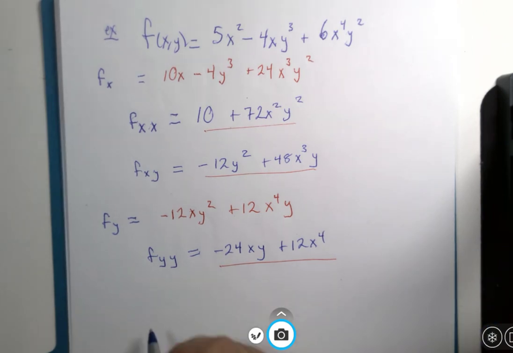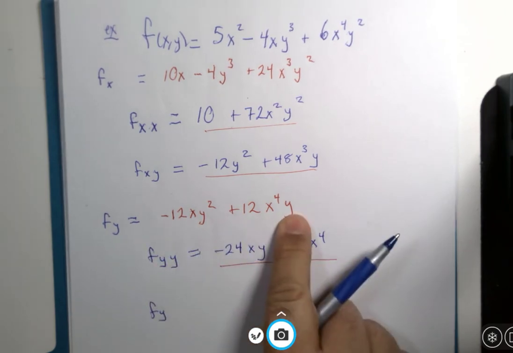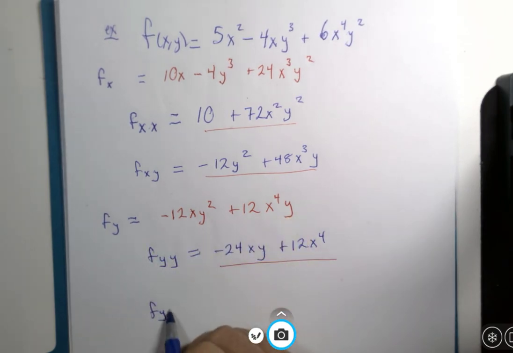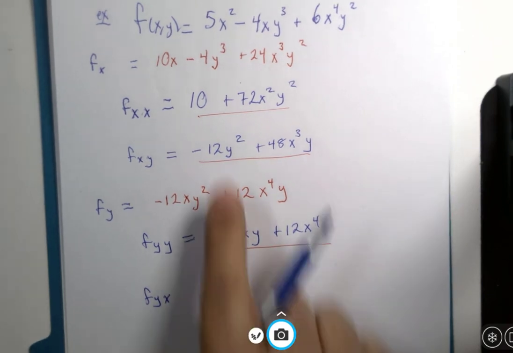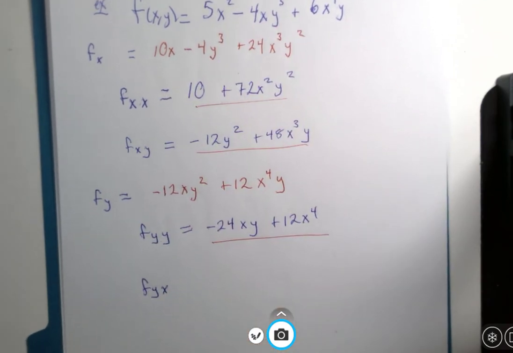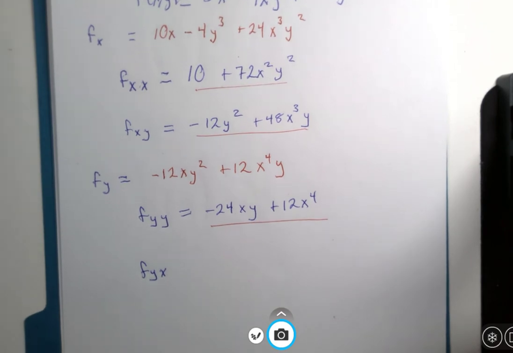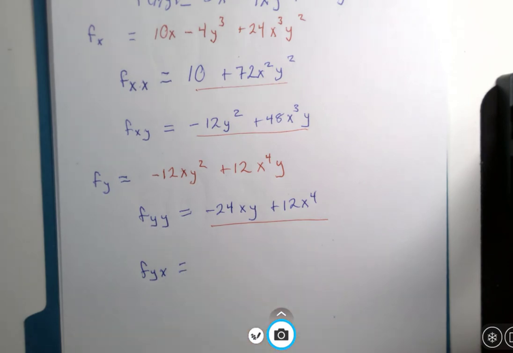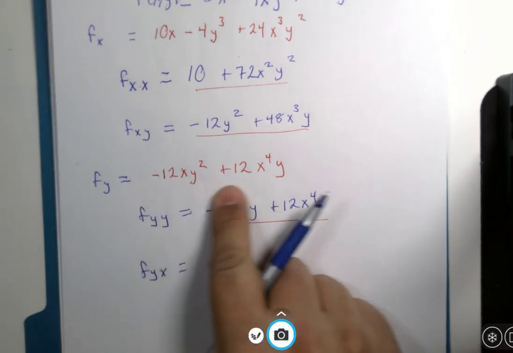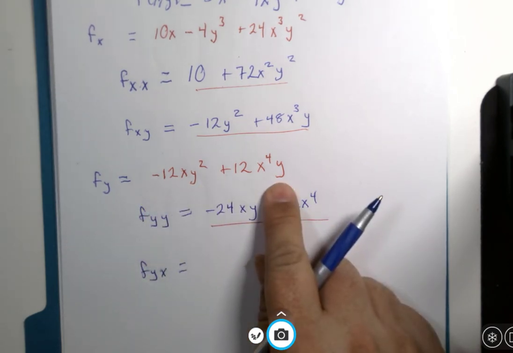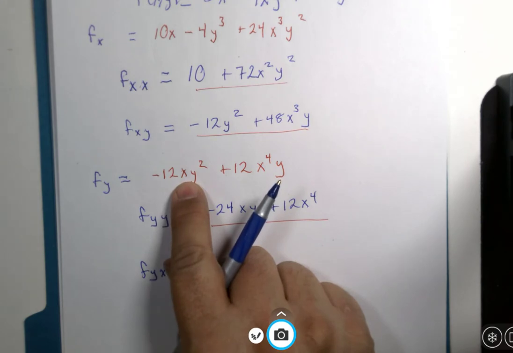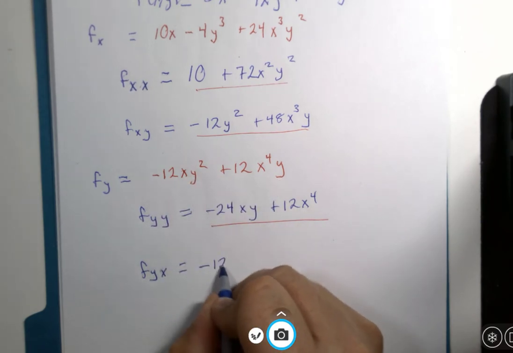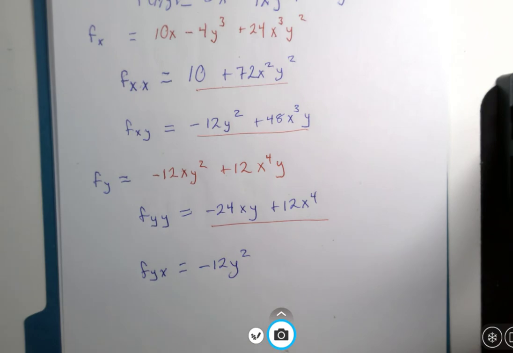Okay, now if I start with y, and then I do the partial with respect to x, I have to slide her up a little bit now. We're going to lose our function, sorry. If y was the variable and then x is the variable, the derivative of x is 1. This becomes negative 12y squared.